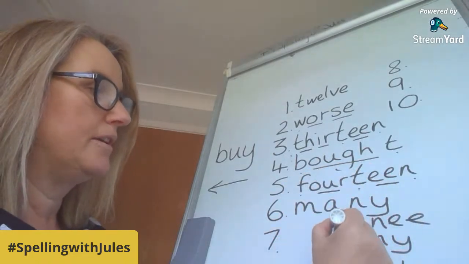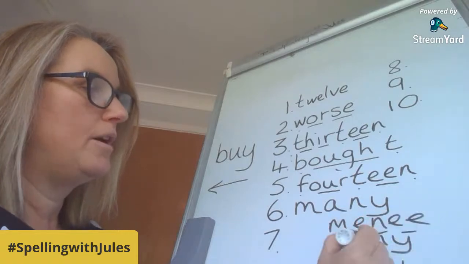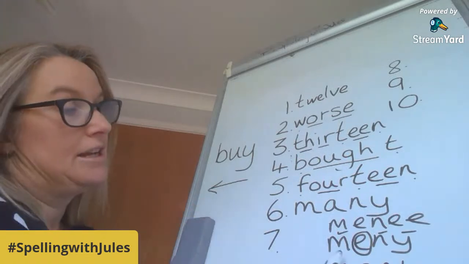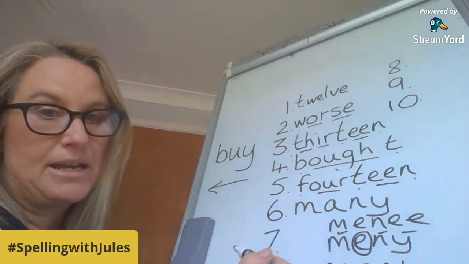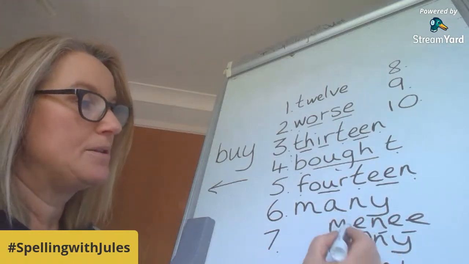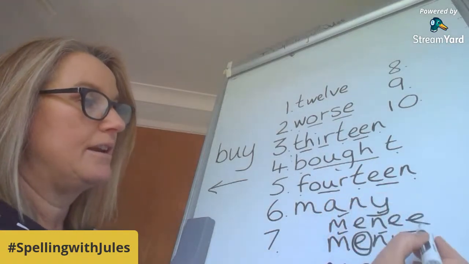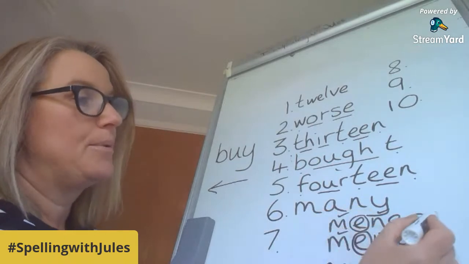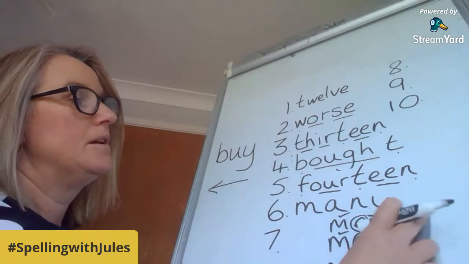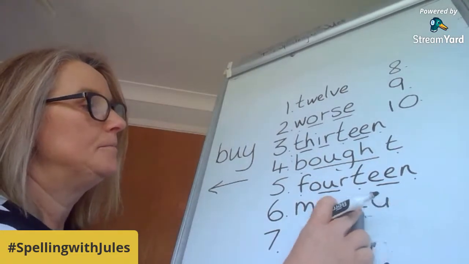So if you were marking this, you could go M-N-Y and then realise it's just the E that needs fixing. And, you know, that makes sense, doesn't it? Because we say many, but it's many with an A. Or if you spelt it like this, you can tick that one, you can tick that one. You'd have to ring that bit and ring that bit to fix it. Okay? So many.